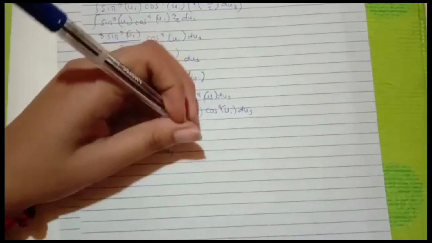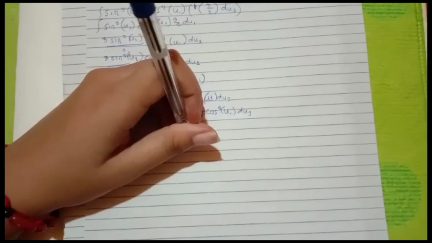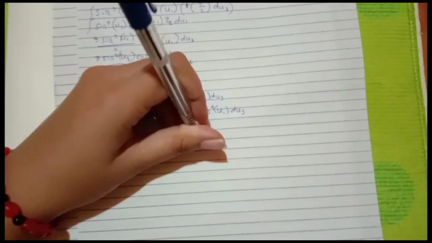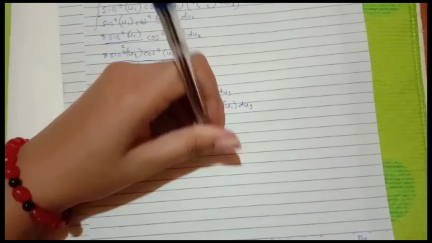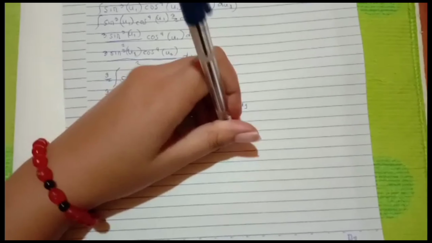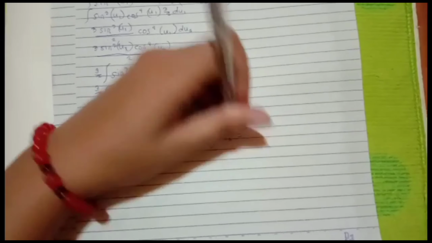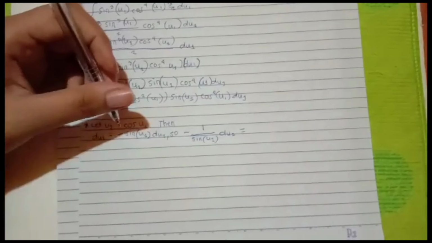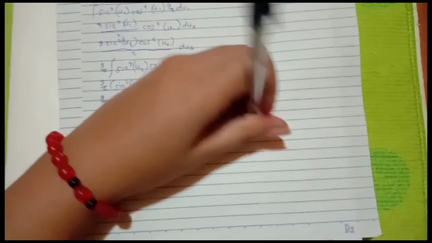So, minus 1 over sine u1 times du2 is equal to du1.